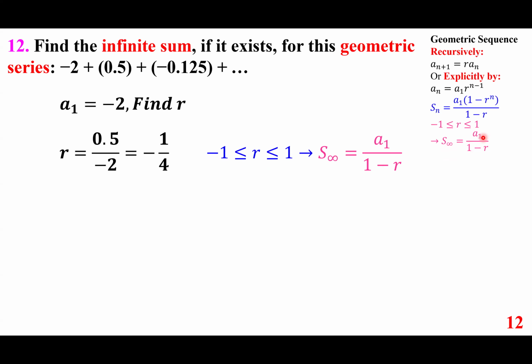The infinite sum is a sub 1 over 1 minus R. Okay, and we can plug in. So this is -2. This is 1 minus negative 1/4. This is plus, becomes 5/4. And -2 divided by 5/4.